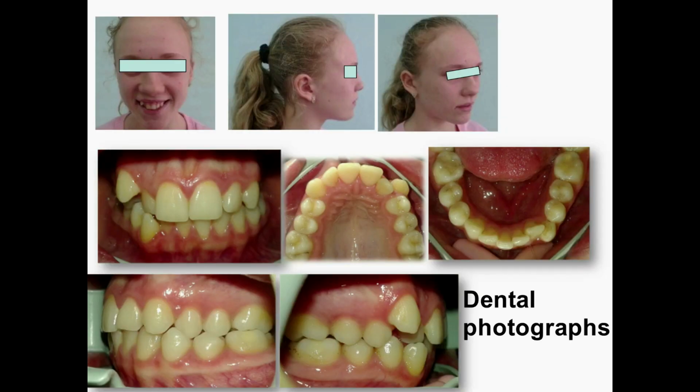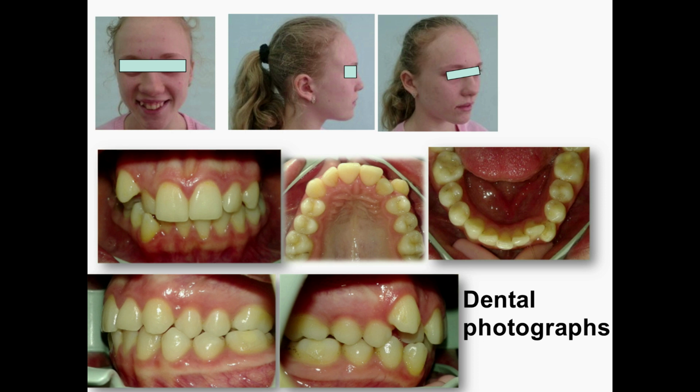Dental photographs are valuable diagnostic tools in orthodontics. Dental photographs are essential medical legal documents. Photographs within the oral cavity are termed intraoral photographs, and photographs of the head and neck are extraoral photographs. The usual views taken are as follows.